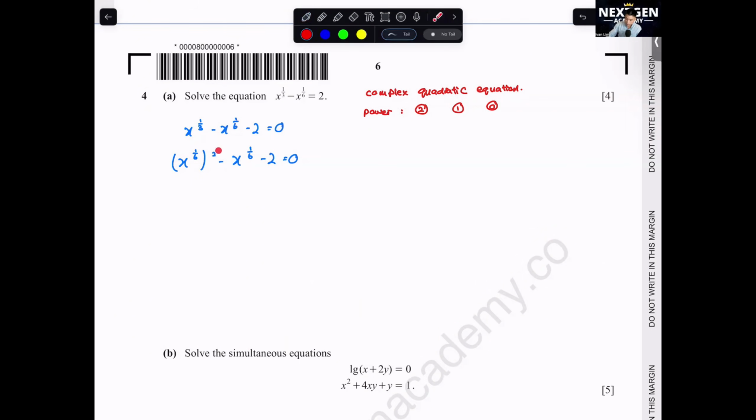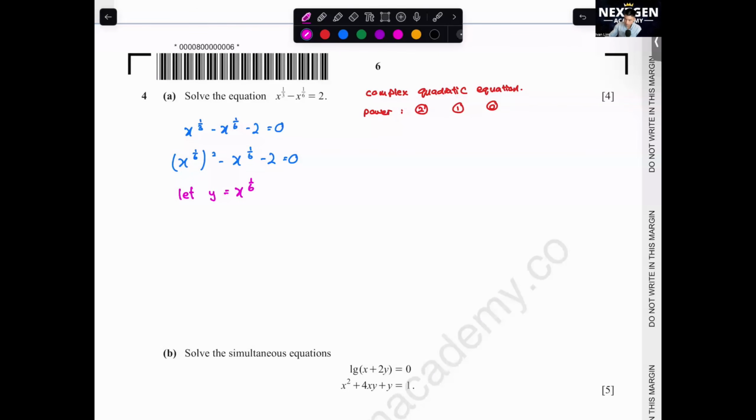So when we can see power 2, power 1, no power, we are going to let the middle value equal to another alphabet. So we can say let y equals x to the power of 1 over 6. Sorry, 1 over 6, not 1 over 3.